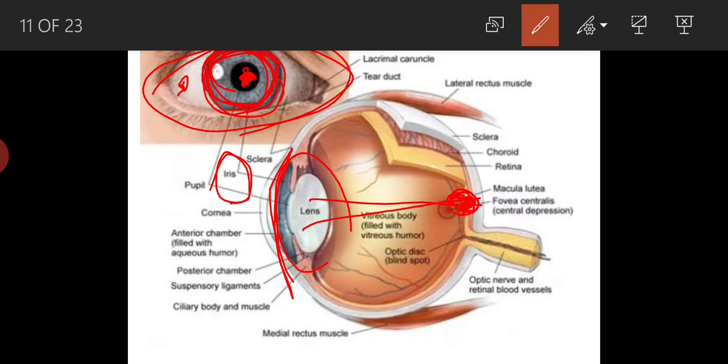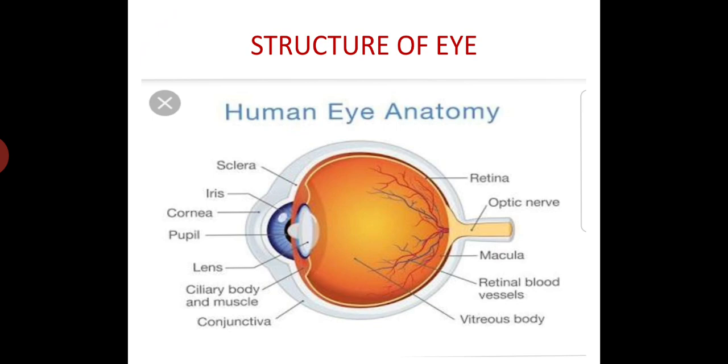Now at this point, whenever an image forms on the retina, this image information is transmitted to the brain through nerve fibers and receptors. Now let us see each part very clearly.